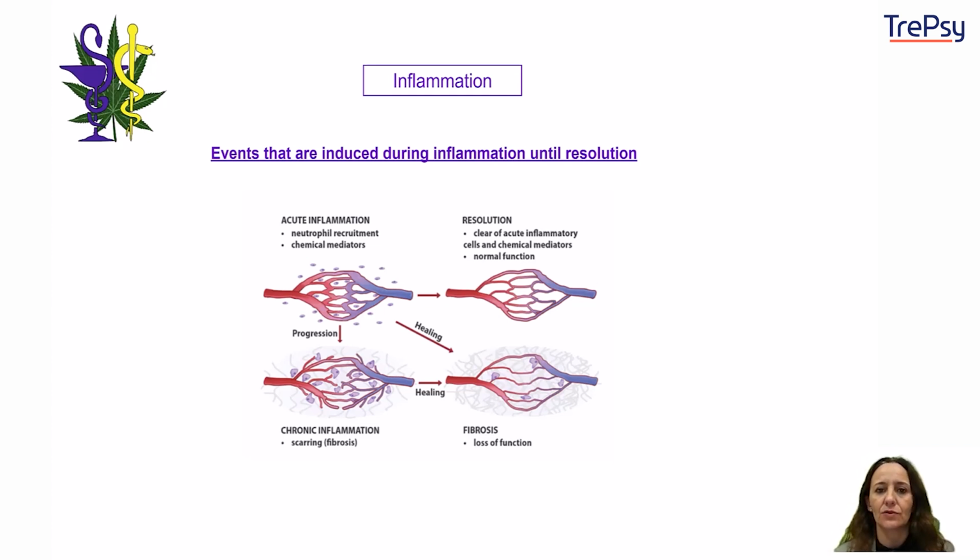Sometimes this resolution is not optimal, and the tissue loses its function, and then we can observe fibrosis. In fibrosis, the tissue integrity is completely lost, and the function, that's the most important thing, is lost.